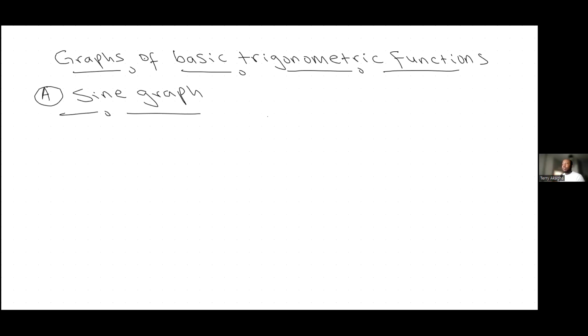So I'm going to write it down. The graph of a sine function, y is equal to sine theta. This looks like a wave.